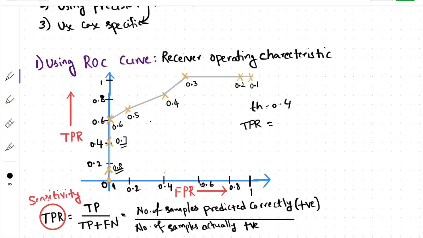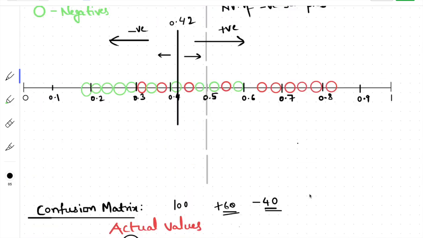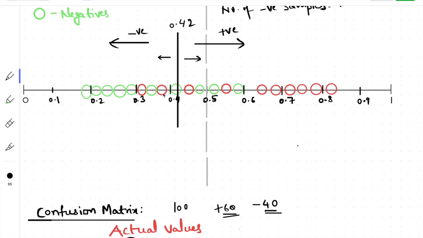So true positive rate is nothing but the number of samples predicted correctly as positive. So if I set my threshold as 0.4, that is this, how many samples have we predicted to be positive? 1, 2, 3, 4, 5, 6, 7, 8, right?